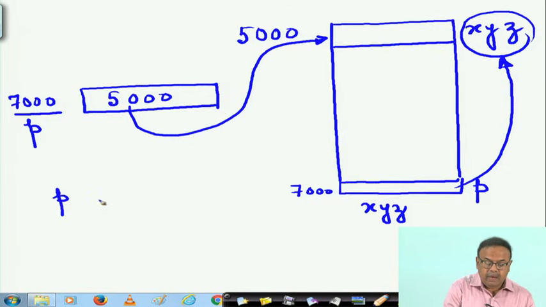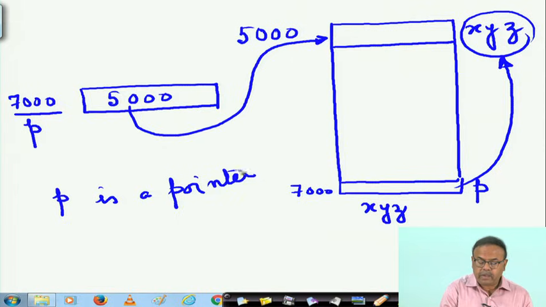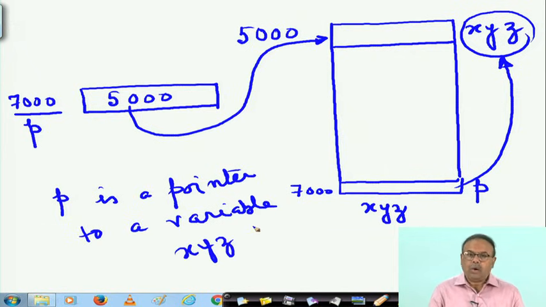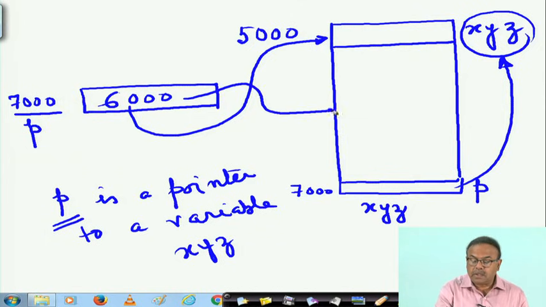Therefore, P is a pointer to a variable XYZ. Right now it is pointing to XYZ, but if I just change the value of this location 7000 and make it say 6000, then it will probably point to some other location here.